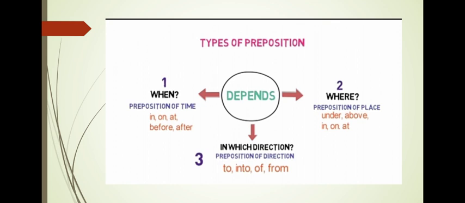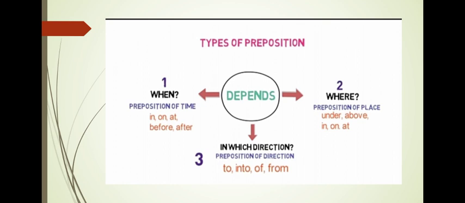Let us look into the next type of preposition. Number 2, the preposition that describes where something is in context to other things is described as preposition of place. Some examples of them are under, above, in, on, at.